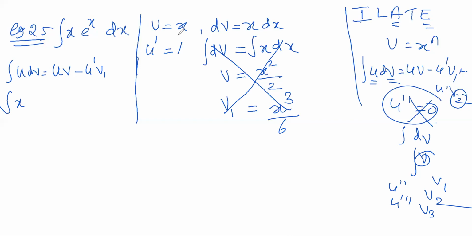So what is dv? dv is simply e power x, right? dv is equal to e power x only. So what is v? v is equal to integral of e power x. Integral of e power x is e power x. And v1 is also what? e power x, right? So we'll start example 25 again.